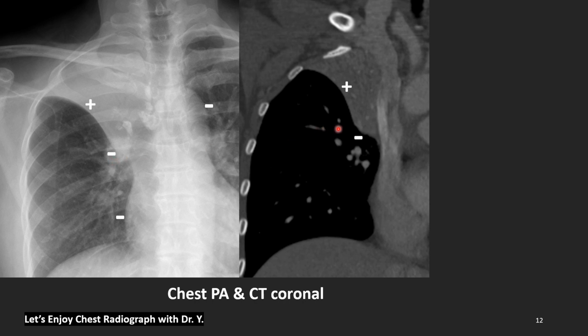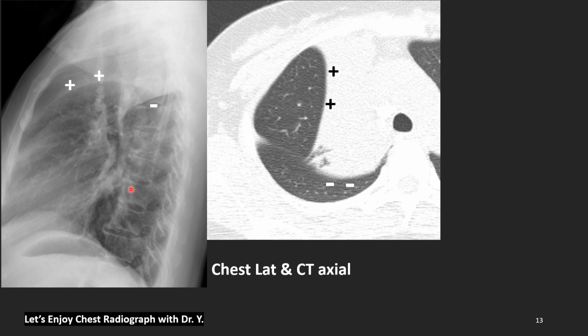How about the CT coronal image? Same as what we have been imagining. Yes, negative Mach band, positive Mach band. Same patient's lateral film, convex minor fissure, and straight major fissure.